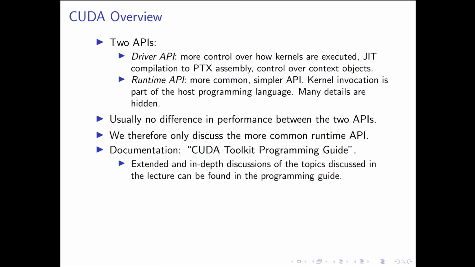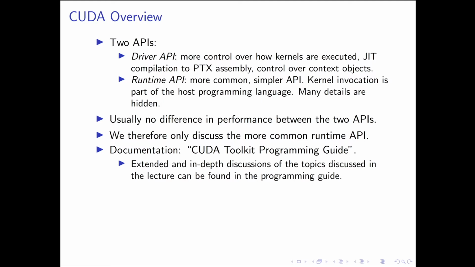With the driver API, we would create a context object, whereas the runtime API would just see us call certain functions, for instance cudaMalloc or cudaMemcpy, and those functions are responsible for memory movement and for data transfers. The runtime API will recognize whenever there's the first call to one of those functions that a context object needs to be created, and then under the hood will create a context object for us.